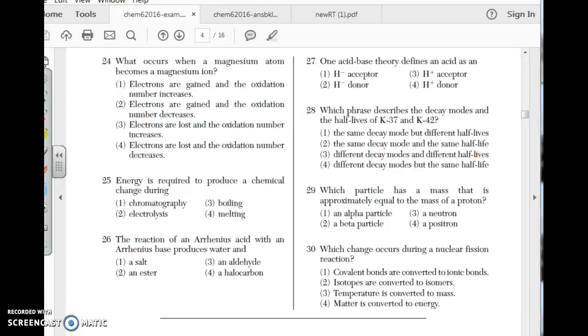Number 25, energy is required to produce a chemical change during. Well, if they're asking about the chemical change, it must mean that the others are potentially physical changes. So are the others all physical changes? Well, notice here, boiling and melting are both phase changes, and phase changes are our favorite physical changes, so it can't be those. Chromatography is a method by which you can physically separate a mixture into its components.